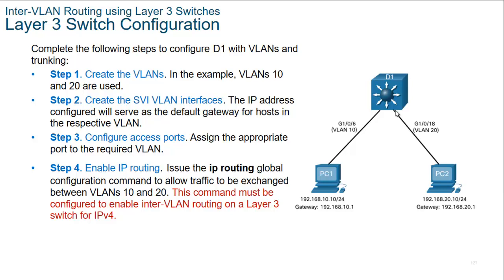So you want to assign the appropriate port to the required VLAN. Step 4 is to enable IP routing. To do this, issue the ip routing global configuration command to allow traffic to be exchanged between VLANs 10 and 20. This command must be configured to enable inter-VLAN routing on a layer 3 switch for IPv4. So if you do step 1, step 2, and step 3, but forget step 4, your inter-VLAN routing will not work.